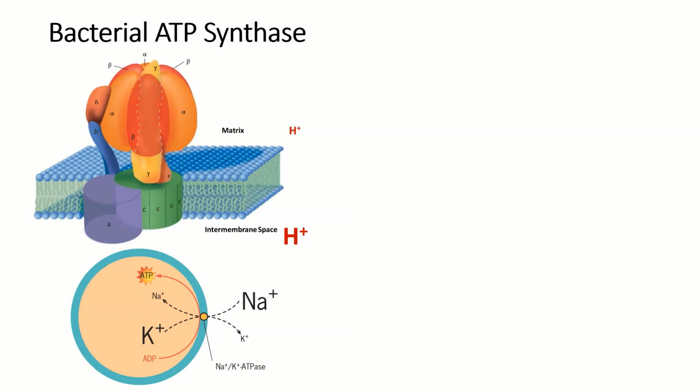ATP synthase works in a similar way, but instead of using ATP to pump ions against their concentration gradients, it uses the movement of ions through it to make ATP.